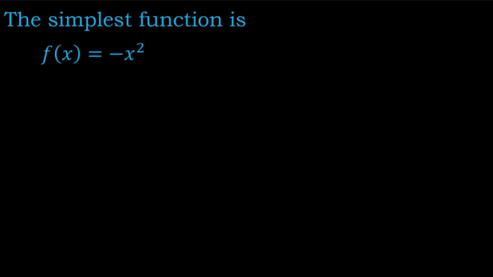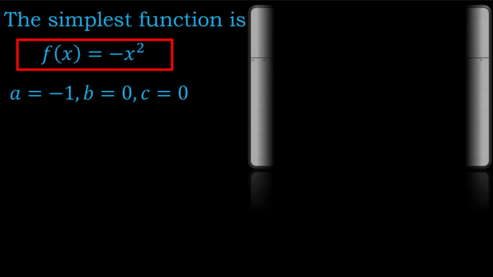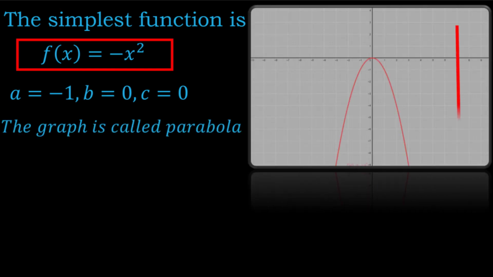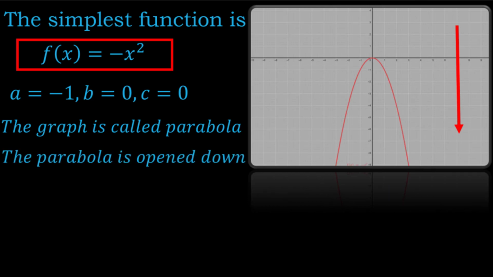The second function is f of x equals negative x squared. The difference is that this parabola opens down, and this graph is called a parabola opened down.